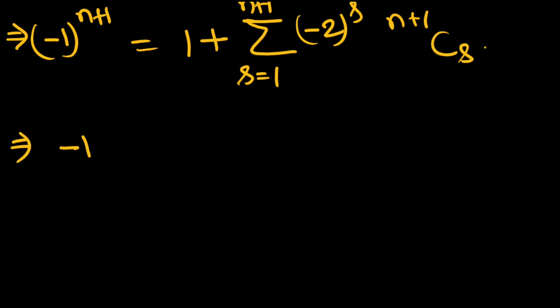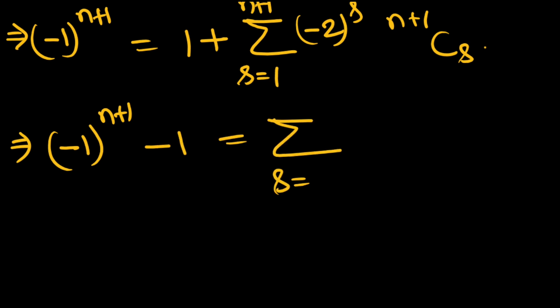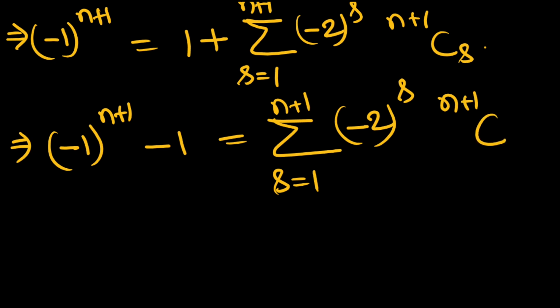This implies (-1)^(n+1) - 1 = summation s = 1 to n+1 of (-2)^s (n+1)Cs. Now numbering it 2.